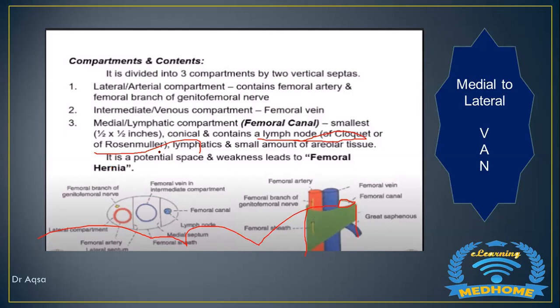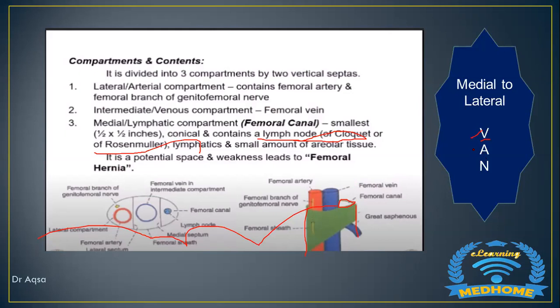So I will quickly revise the contents of this femoral canal. Just to memorize, there's a mnemonic known as VAN. Medially, we have the vein.